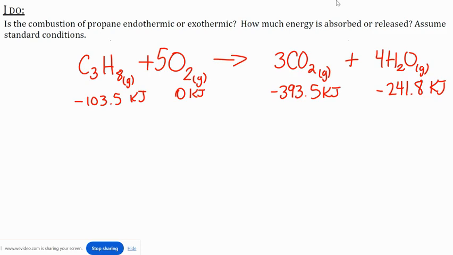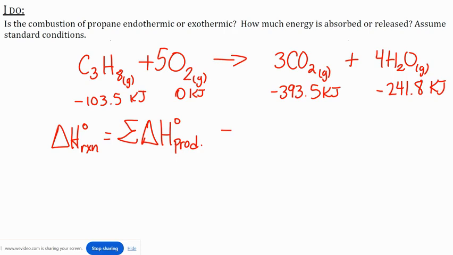Well, we're going to go back to that formula that we had, which was delta H prime reaction equals sigma delta H prime products minus delta H prime reactants.